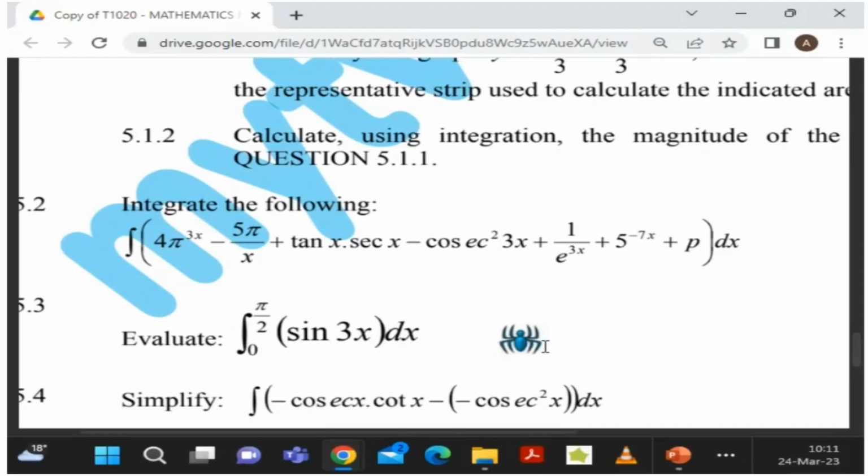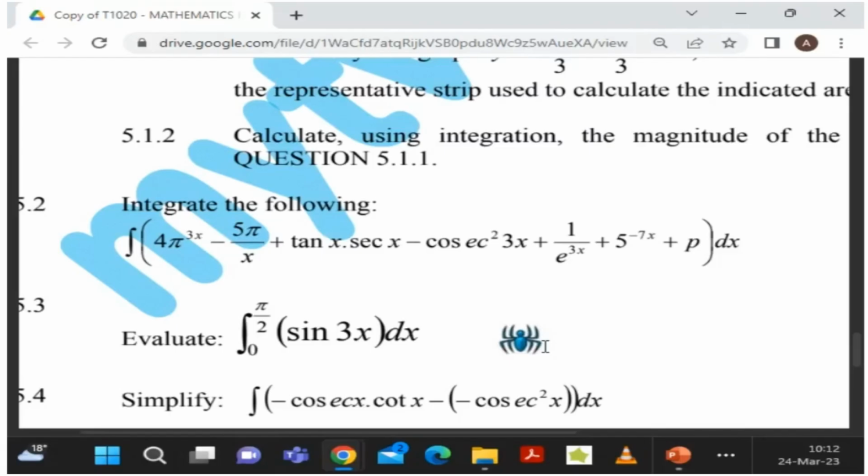Then, tan x sec x is rule number 11. The negative cosec squared is rule number 10. The only one you need to simplify is 1 over e raised to power 3x, by bringing it up.